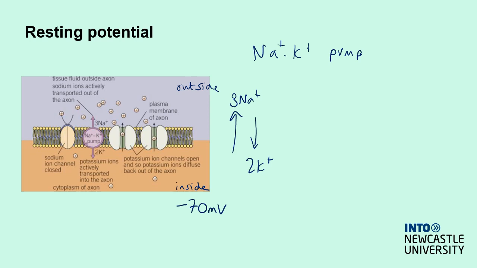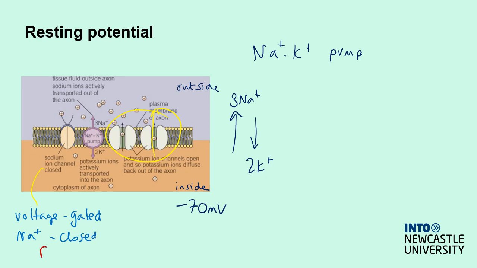Also helped by the fact that we do have some potassium channels open, which will allow the potassium to diffuse back down its gradient to the outside, taking more positive charge with it, so becoming more negative inside. And also these voltage gated sodium channels, which would also let movement of sodium down its gradient, are closed at minus 70 millivolts.